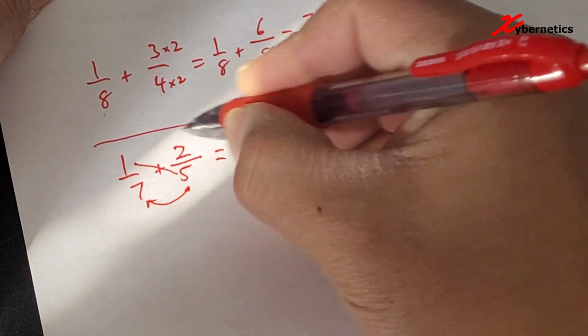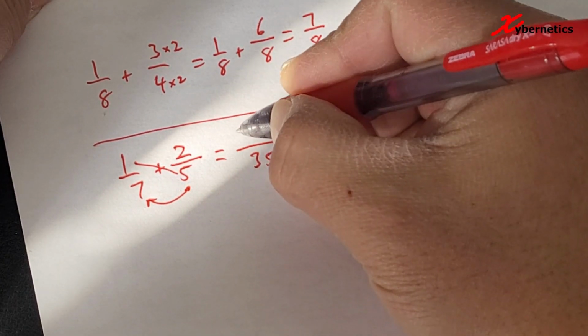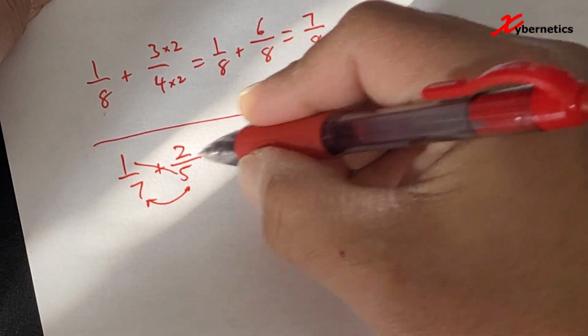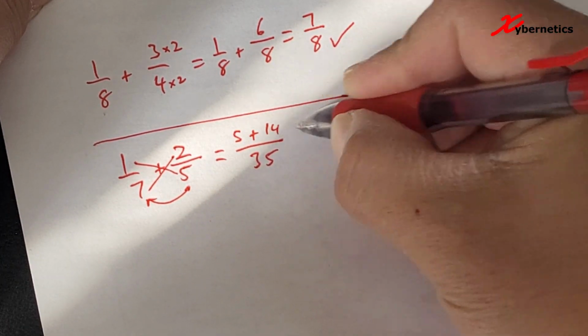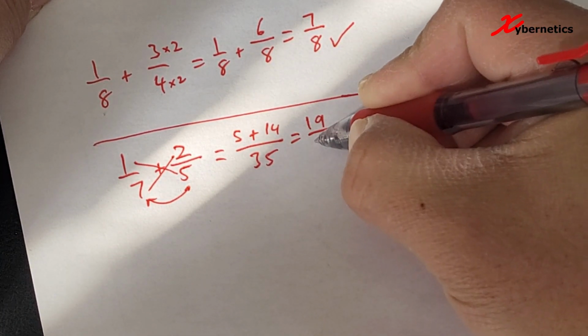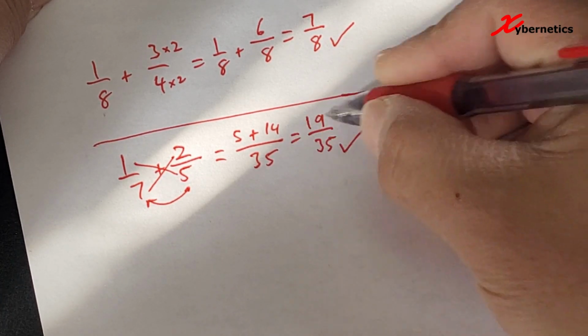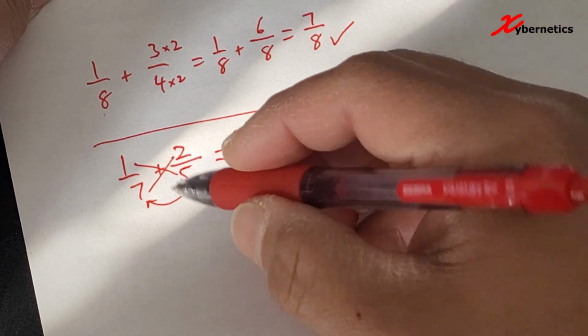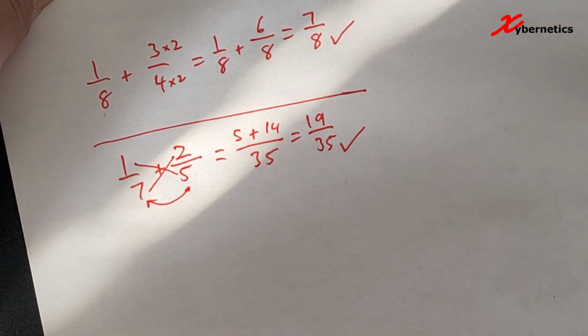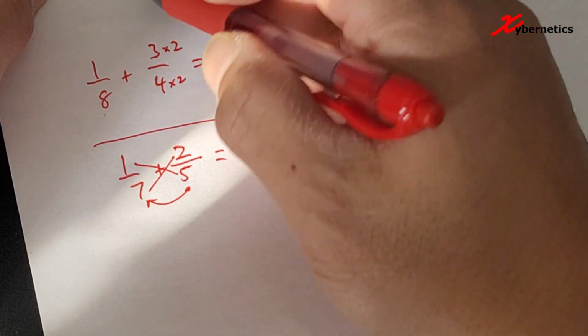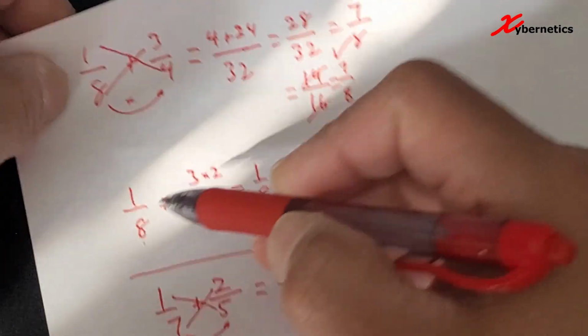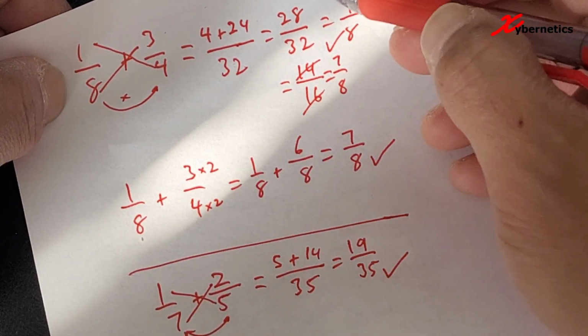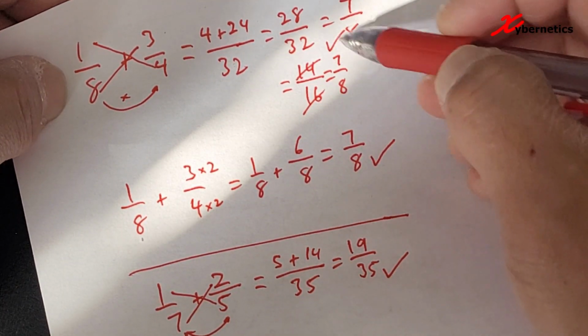At this point, you multiply 1 times 5, which gives you 5, plus 7 times 2, which gives you 14. And this ends up with 19 over 35. This is the answer itself because you can't simplify it any further. You can use this technique, but if you have a chance to find a common denominator like before, it's best to do it that way, or else you end up in a really curly situation.